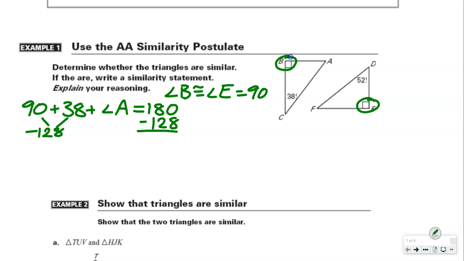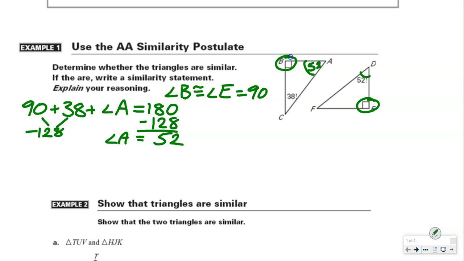Do we get 52? We will. So angle A equals 52, which is the same as angle D. So I know angle D and angle A are congruent. And we also know our right angles are congruent. So we have our two angles that are congruent.